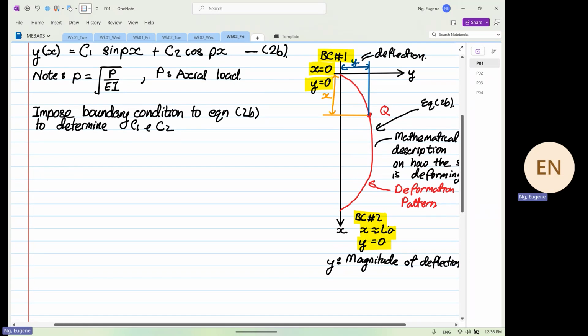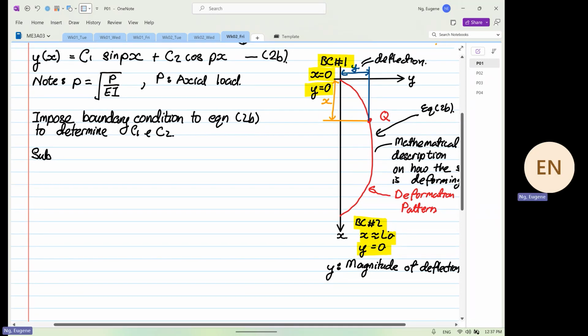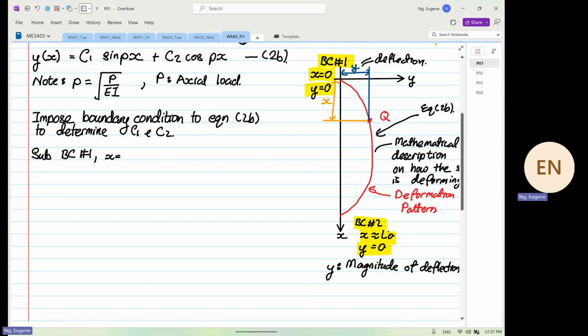So we are going to now substitute our boundary condition 1, when x is equal to 0, y is also equal to 0, into our equation 2b. Okay, so this is 0.